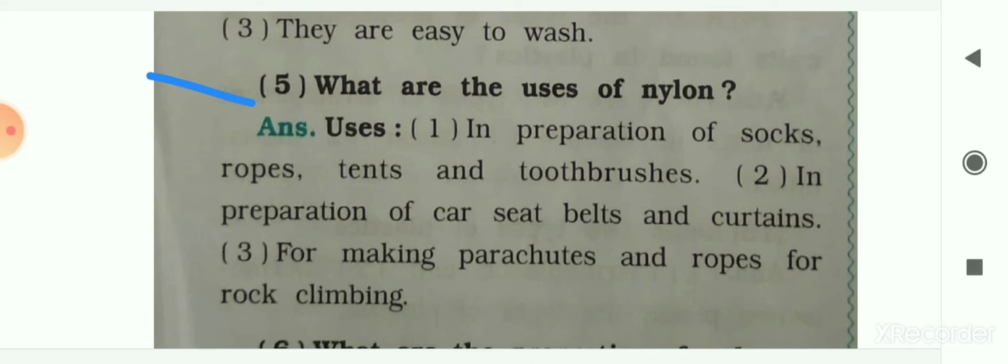As it is a very strong fiber, we are using it in the seat belts of cars and in curtains also, and for making parachutes and ropes for rock climbing. While making ropes for rock climbing and parachutes, we are using nylon fiber because it is very strong and elastic, as we had seen in the properties of nylon.